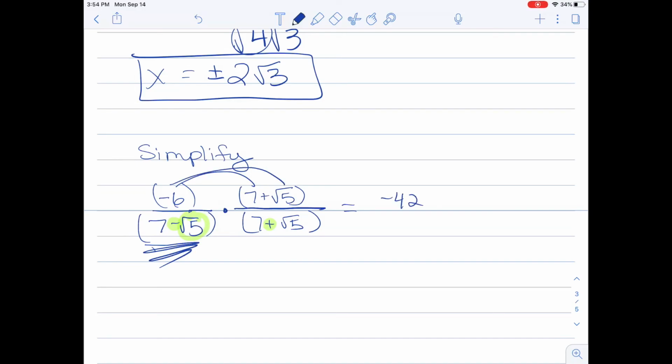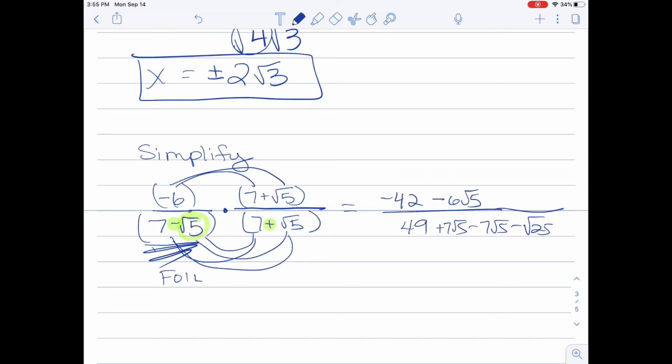We're going to distribute. We get -42 minus 6 root 5 on the top. And then we're going to FOIL this on the bottom. 49 plus 7 root 5 minus 7 root 5 minus the root of 25, which keep in mind that 25 is really just a regular 5.